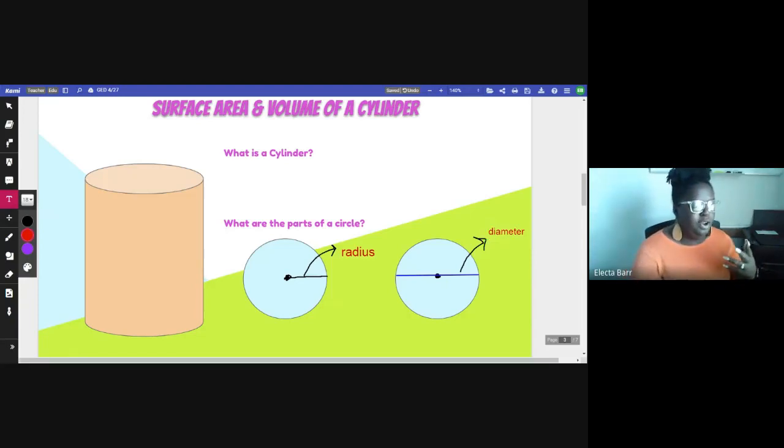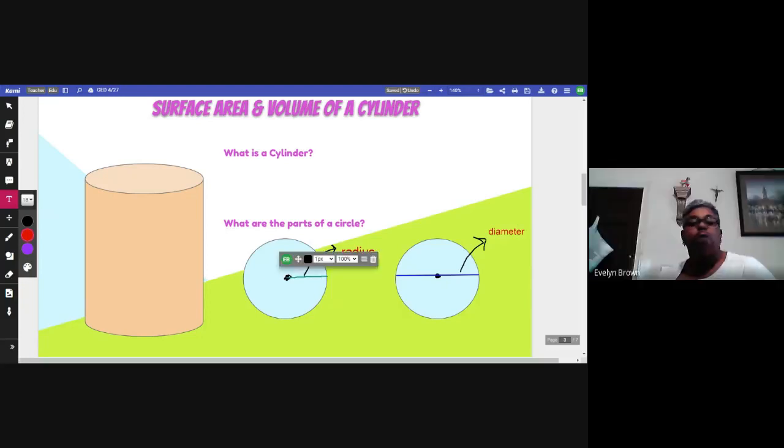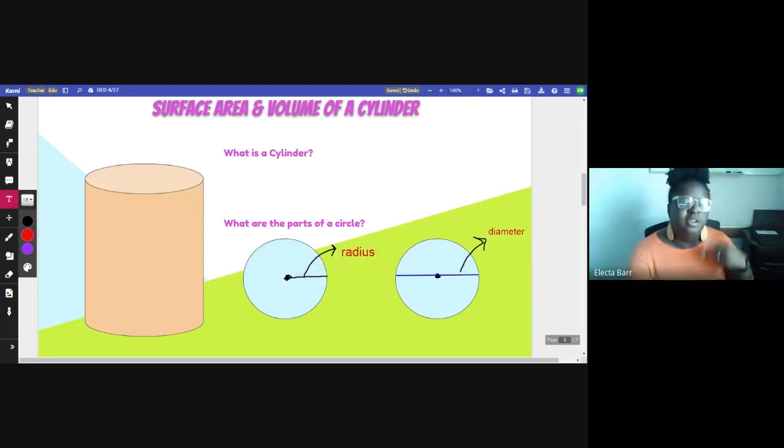So one thing you want to notice is that it takes two radiuses to create one diameter. Keep remembering that number 2. You have to have two radiuses to make your diameter. Or you can say that to find the radius, you have to divide the diameter by 2.